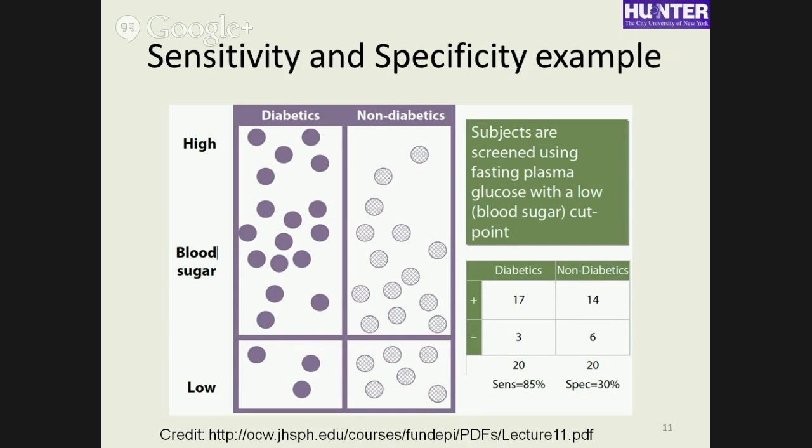This is usually the way you would analyze such a problem, and it's just a count of the number of people in each of these boxes. So remember, the columns are our gold standard, whether people have diabetes or not, and then the rows are what the test says, whether a test positive or negative.